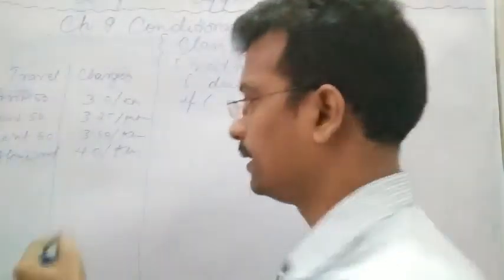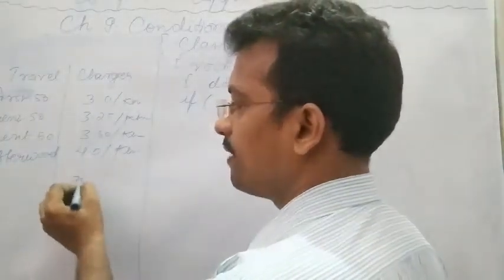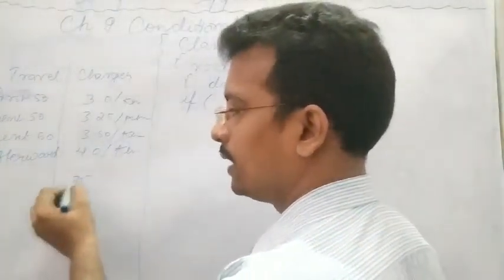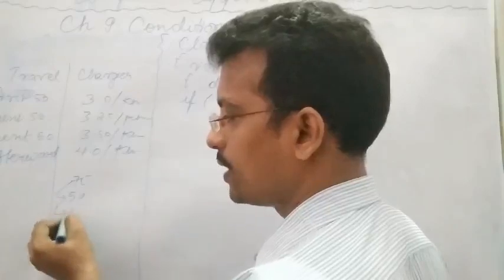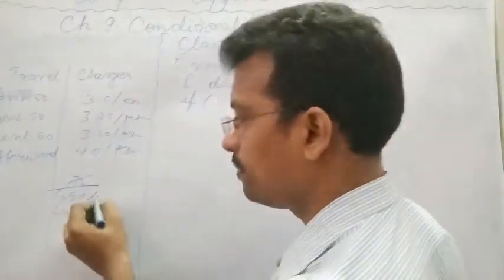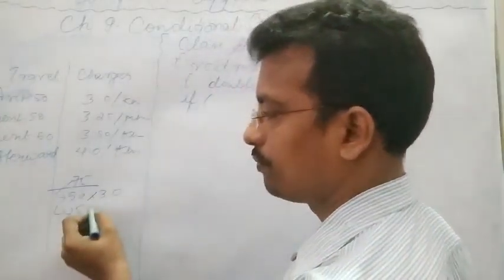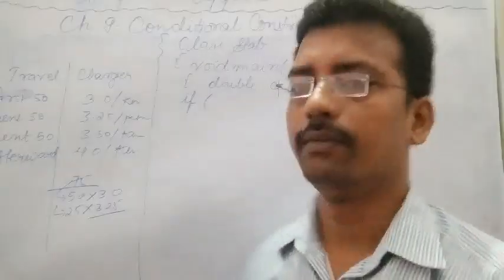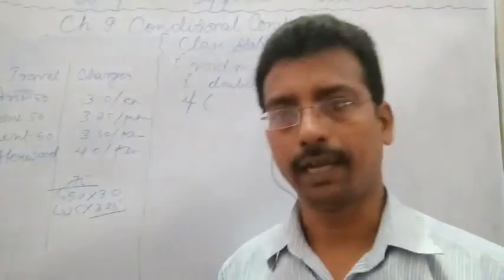You will pay like this: 75 will be broken into starting 50 and next 25. The 50 will be calculated with 3 rupees per kilometer and the 25 with 3 rupees 25 paise per kilometer. This is the criteria of slab based breaking.